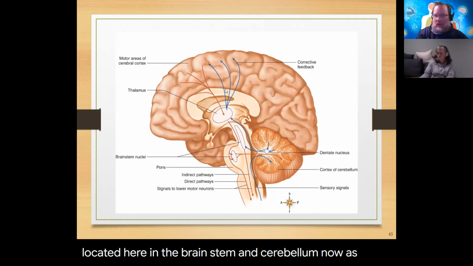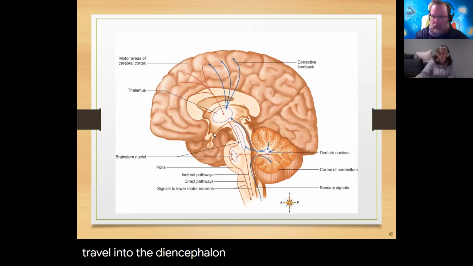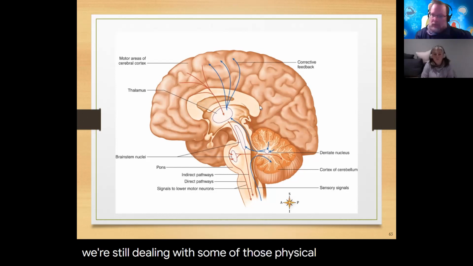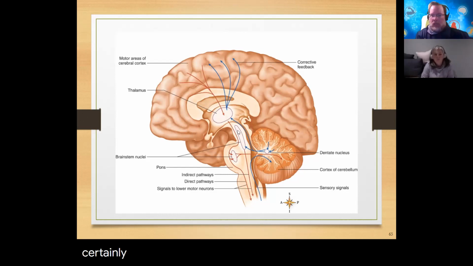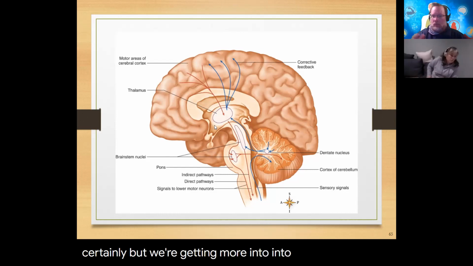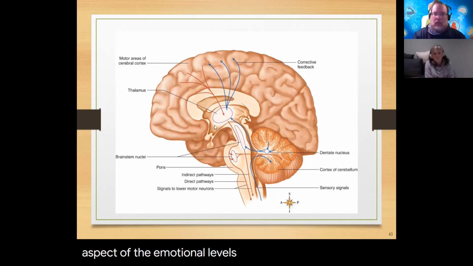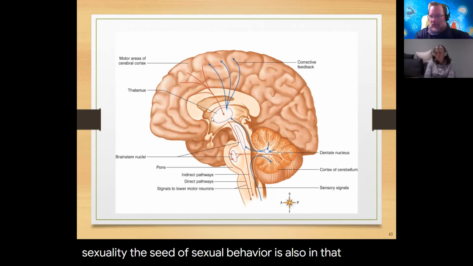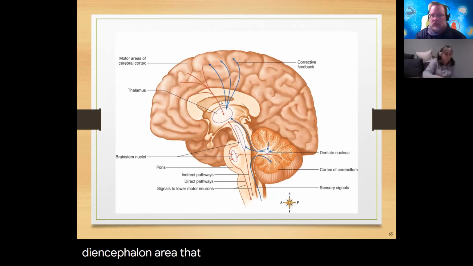Now, as we travel into the diencephalon, the thalamus, hypothalamus, we're still dealing with some of those physical aspects, certainly, but we're getting into maybe a deeper aspect of the emotional levels. This is also the seat of sexuality, the seat of sexual behavior, in that diencephalon area, the thalamus, corpus callosum, hypothalamic areas.